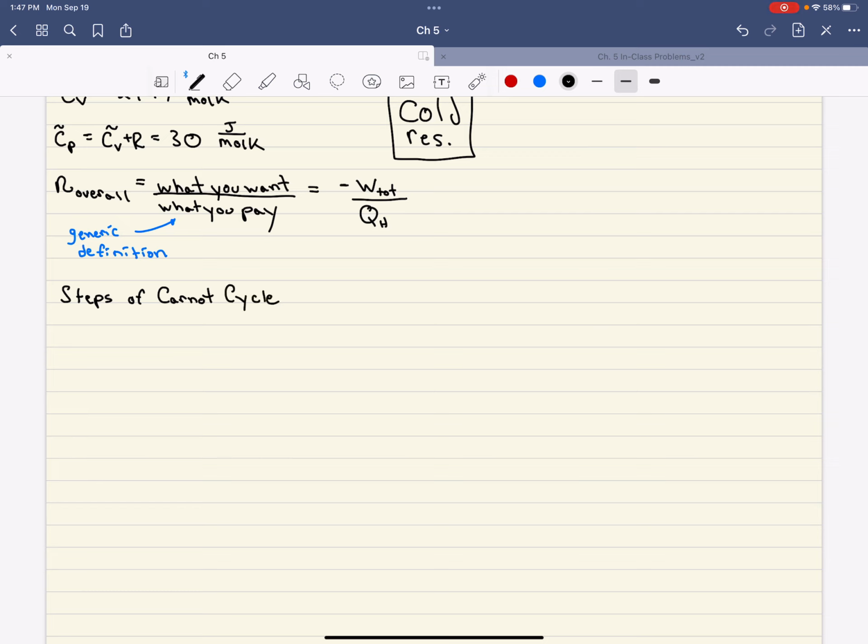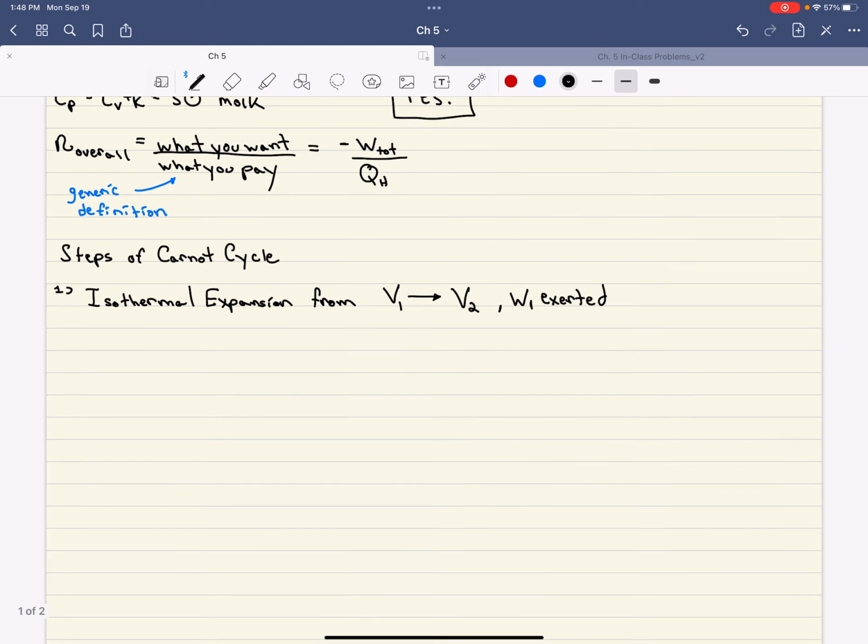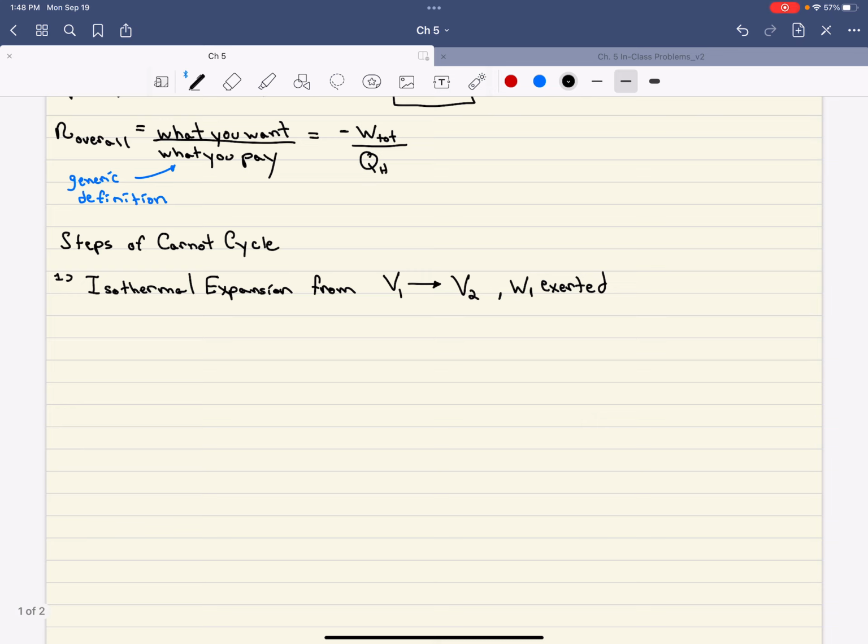For the first step of the Carnot cycle, we're going to have some sort of isothermal expansion, in which our system goes from some initial volume, V1, to some volume, V2. And to do that, since we're expanding, the system is going to be working on the surroundings, or in other words, there's going to be some W1 that's exerted.